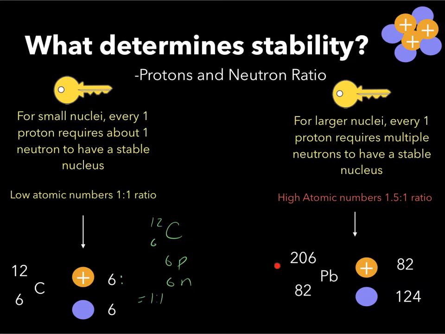This is an example of lead. In this lead example, we have 82 protons and 124 neutrons, and you can see that the ratio is not really 1-to-1 now. It's about 1.5. So those are 2 key points to keep in mind when you're determining nuclear stability.